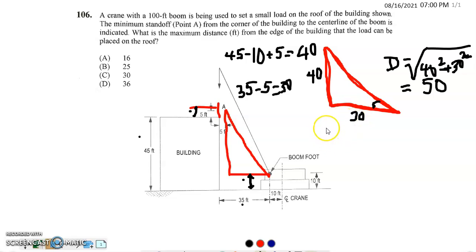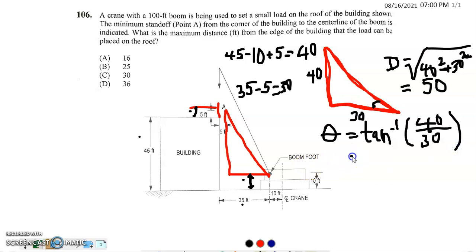So the angle would be tan inverse of opposite 40 over adjacent 30. I should know that off the top of my head. Let's see. Tan inverse of 40 divided by 30.